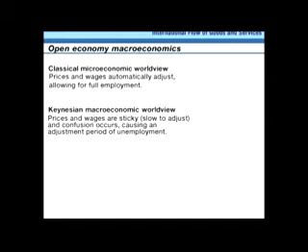This is a question that is answered in open economy macroeconomics, the approach to macroeconomics that focuses on our country embedded in a larger world economy, where we import goods from abroad and export goods to foreigners.